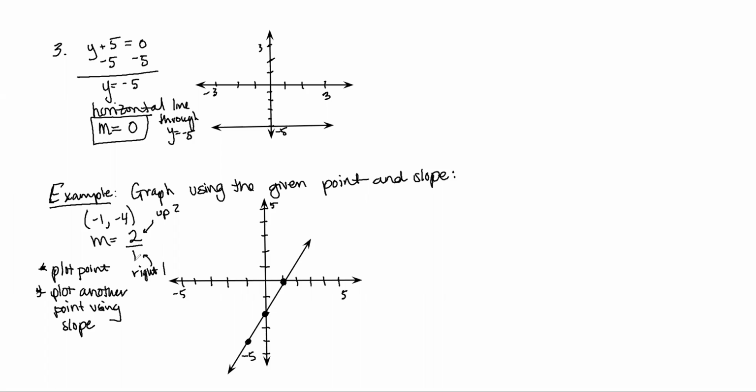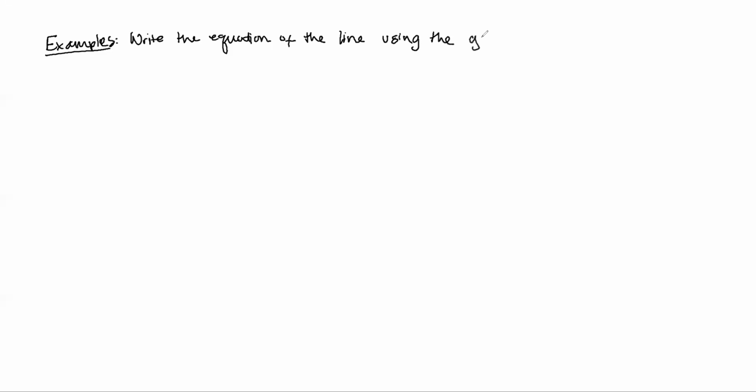All right, so now our last set of examples, these are the ones that are usually the trickiest. We're not going to be graphing for these. We're going to be writing equations of lines. So we're going to write the equation of the line using the given information.